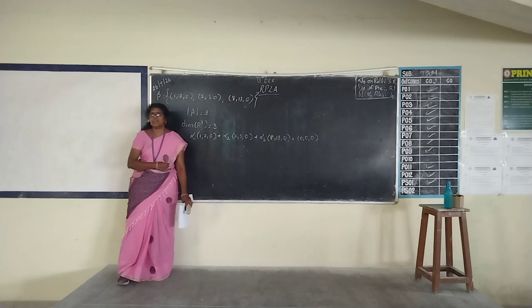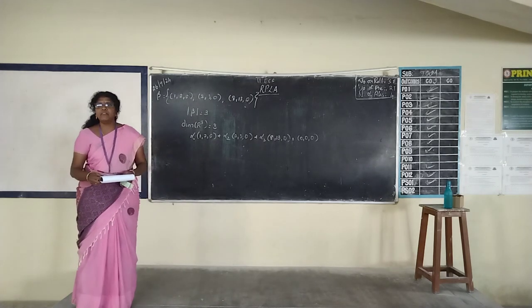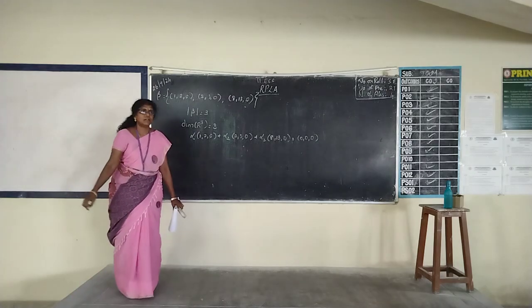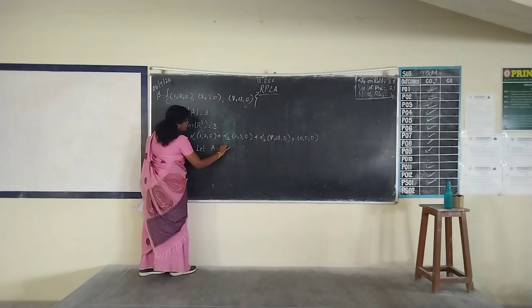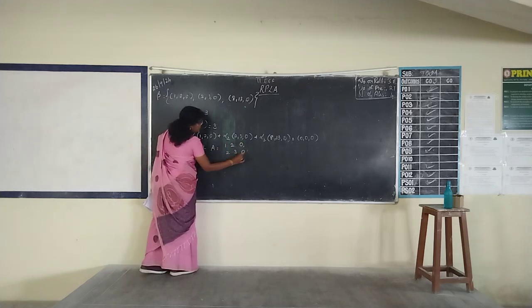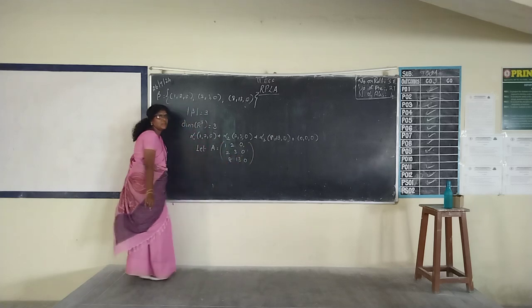Since it is a vector, we write the right hand side also in vector form. Can I identify what we have made? Matrix A. A equals the matrix with rows 1 2 0, 2 3 0, 8 13 0. This will be our matrix.